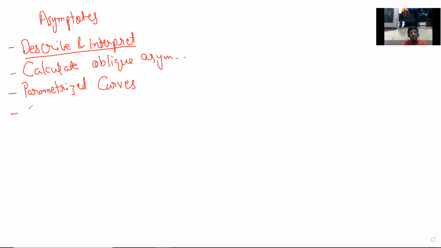Then maybe we can look at a little bit of detail of asymptotes of rational functions, polynomial by polynomial. And lastly, the most interesting thing: from functions, we generalize to parameterized curves.